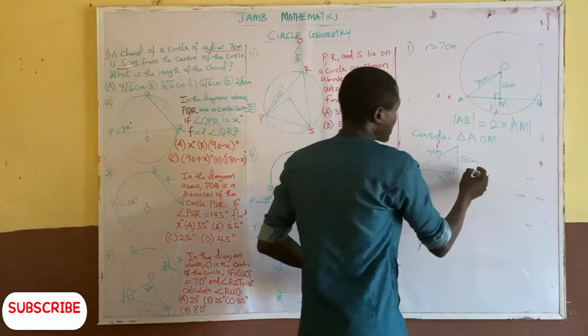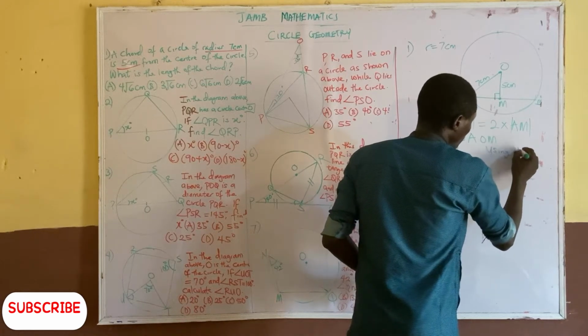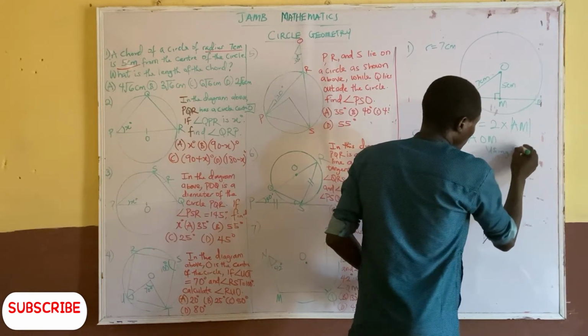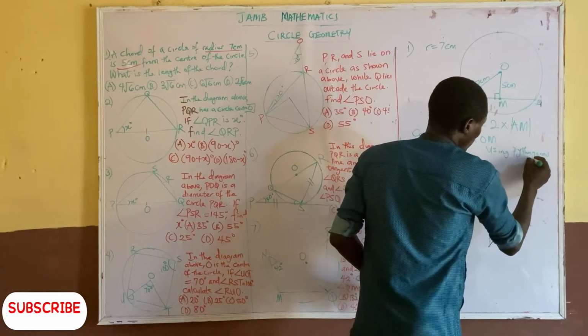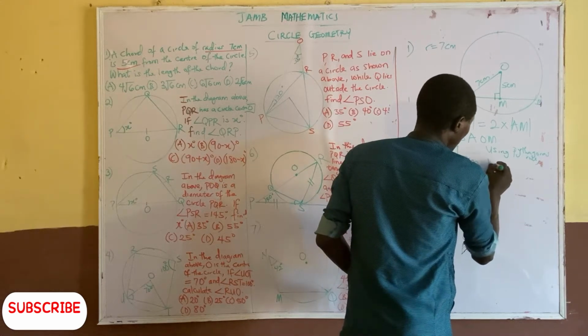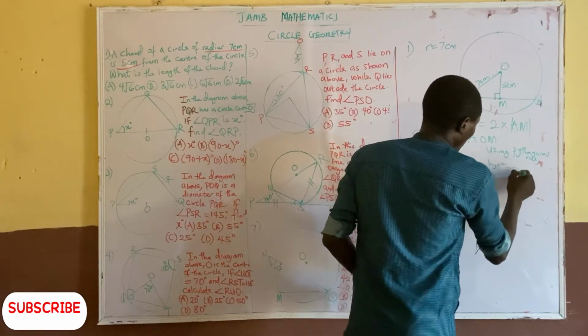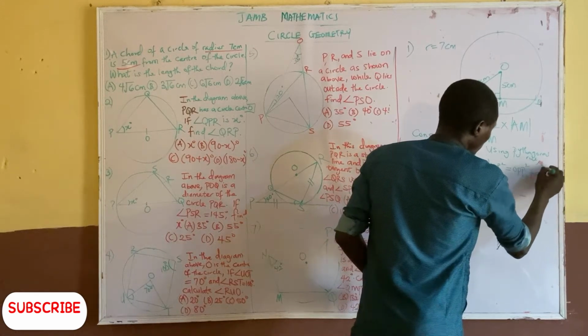Let's represent line AM as x. So using Pythagoras' theorem, we have hypotenuse squared equal to opposite squared plus adjacent squared.